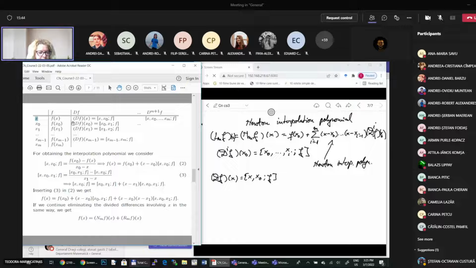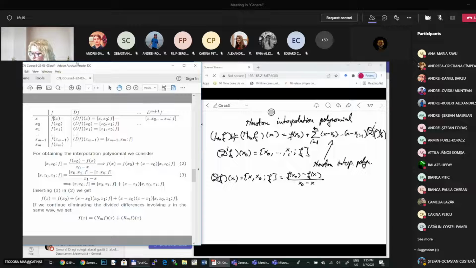For this column, you know that we have to look at the previous column, next line minus the current line, over x_{i+1} minus x_i.